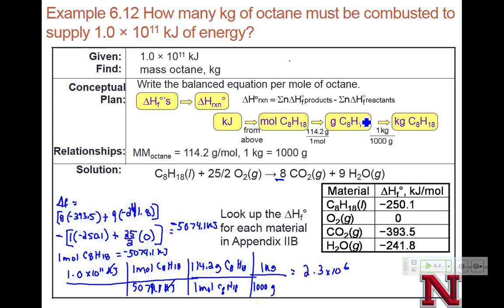Should be 2.3, but sometimes it's just about your calculator. So that's 5074.1. So that's how many kilograms of octane I need to make that much heat energy. So all you really need is to find your delta H, and you can use your delta H formation reactions. Let's look at one more example.